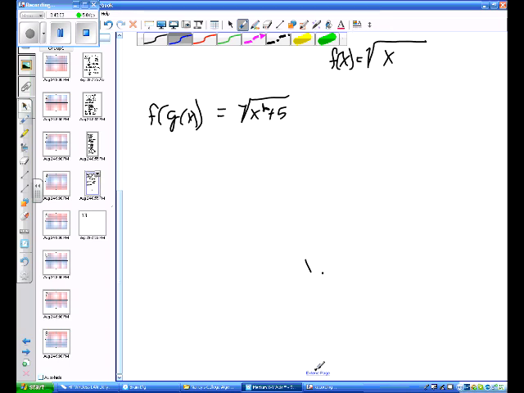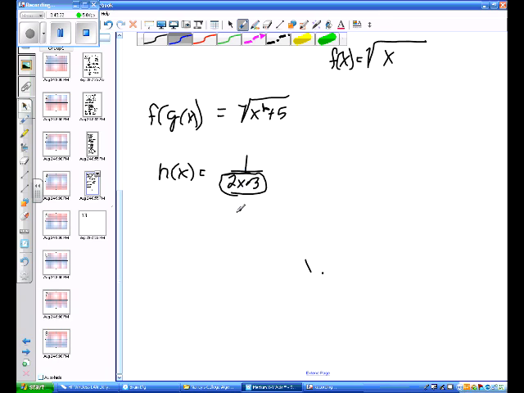Looking at one more, if h of x is equal to 1 over 2x minus 3. Again, you want to look at the most complicated part of the function, which is what's underneath the fraction bar.